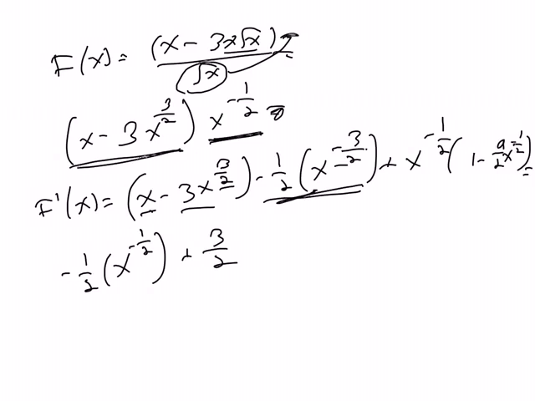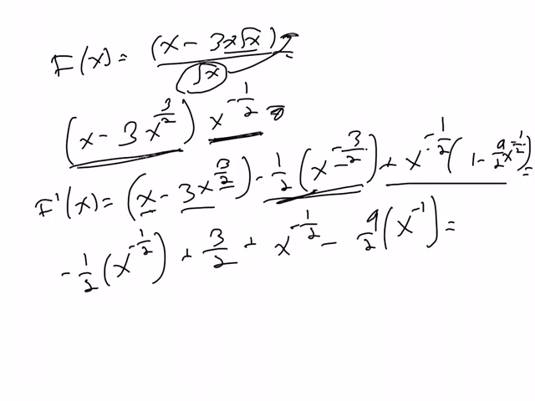So we're just going to get 1, so that's that, plus, so now we're simplifying this, so this is going to give us x to the 1 over 2 minus, so this minus that is going to give us a minus 1, so we're going to get 9 over 2 times x to the minus 1.